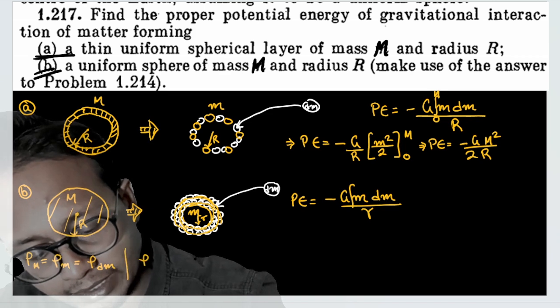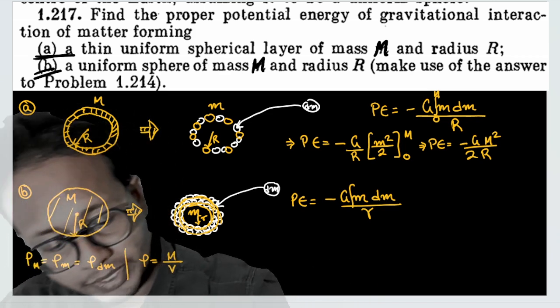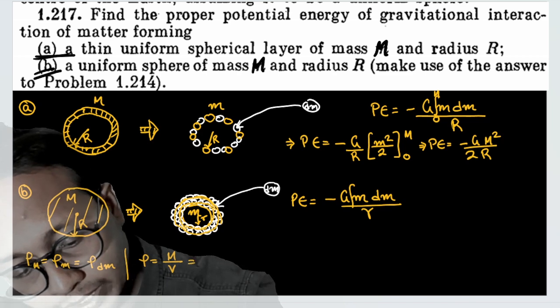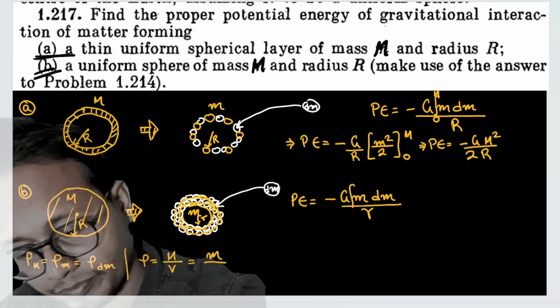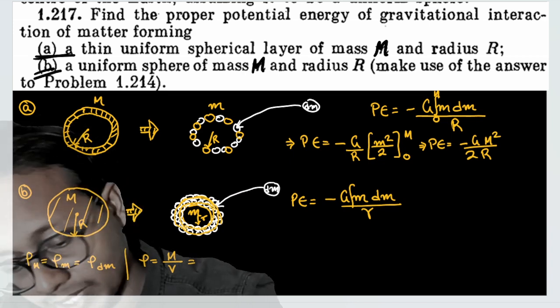So can I say density is equal to mass by volume, which is mass by volume of this elemental sphere?